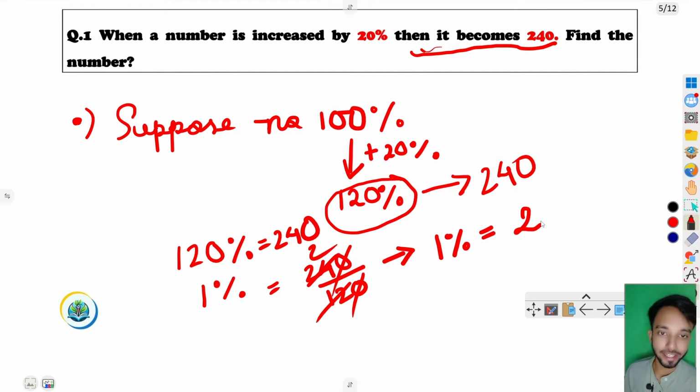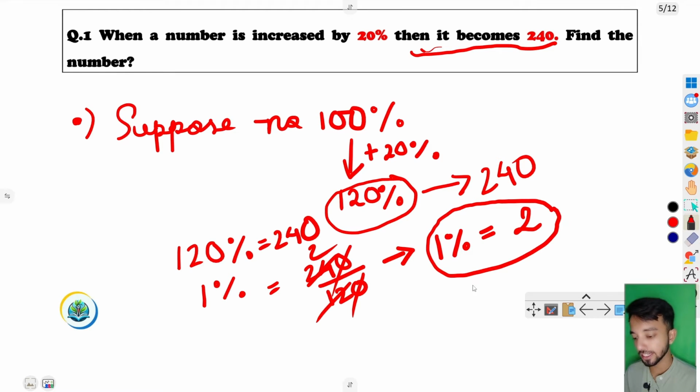Is this clear to you? We got the value of 1%. But what we assumed in the beginning is that the number is 100%.